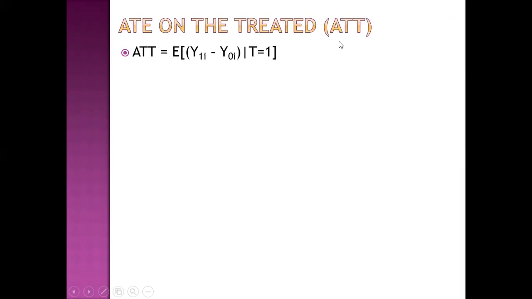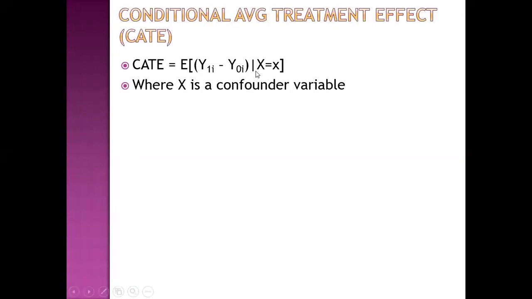Average treatment effect on the treated is given as the expectation of the after effects of treatment and before effect of treatment of all those units who have received treatment. Conditional average treatment effect is the expectation of the outcome variable Y1 sub I minus Y0 sub I given that X is equal to x, where X is a confounder variable.